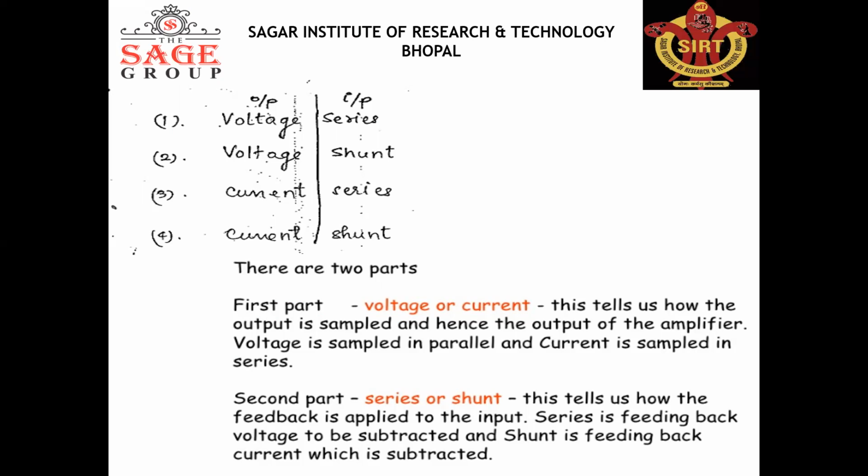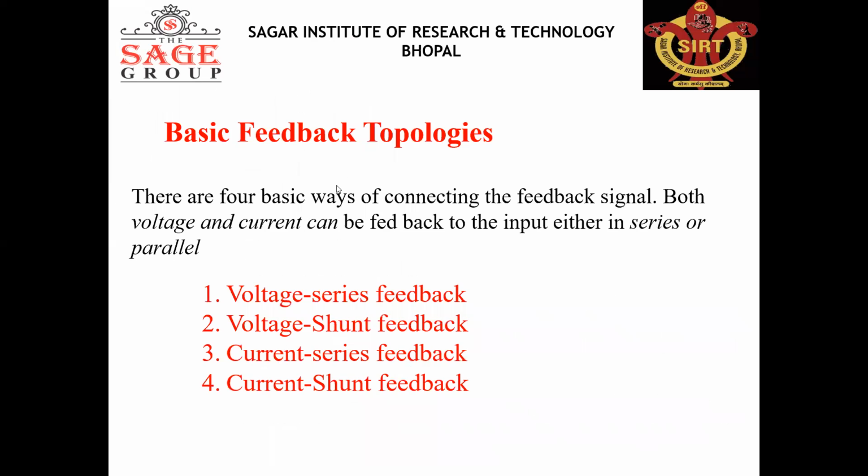If there is series at the input side, it means mixing is done in series. The first part of the topology shows the sampling, and the second part of the topology shows the mixing. Sampling is done either in voltage form or in current form, whereas the mixing of the two signals, the feedback signal and the input signal, is done in series or in shunt.